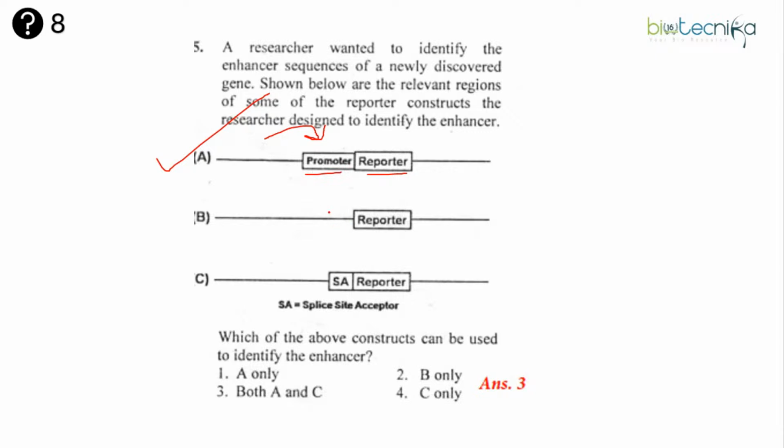So if you don't have any promoter, where will the polymerase sit? So obviously this cannot be identified. Okay. Next you have the splice site acceptor. So yes, your enhancers also somehow regulate the proteins binding to the splice sites. Therefore, you will get some report from the reporter genes also. Okay. So answer 3 is correct.